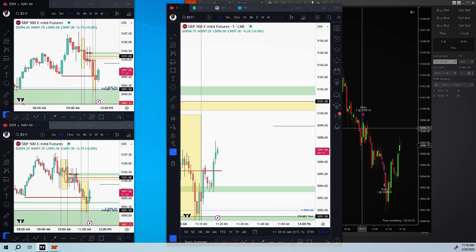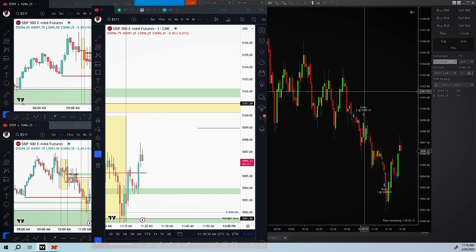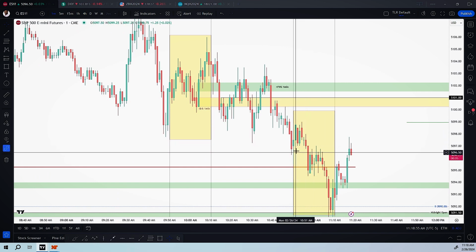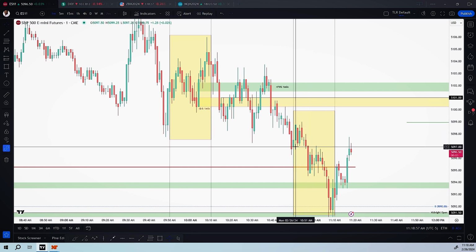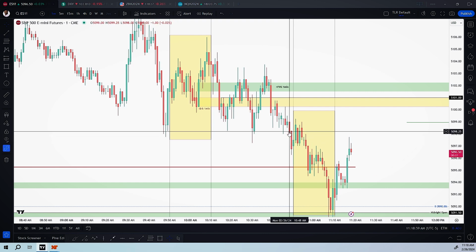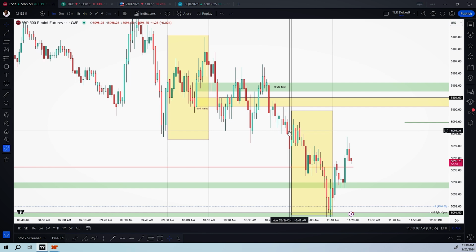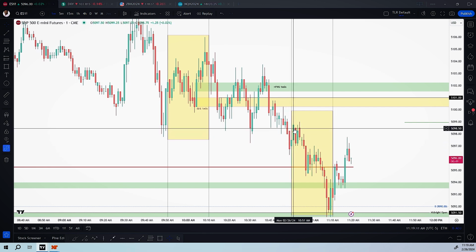I accepted the risk that we may come back up to the PD arrays, but I set my entry at 98.25 at this SIBI. 98.25 got picked up at 10:51.